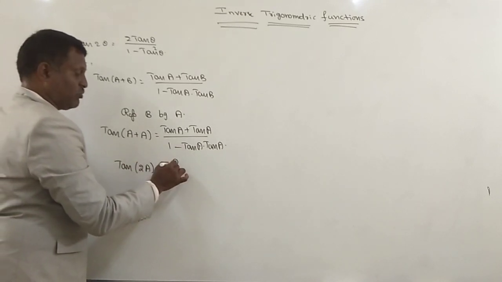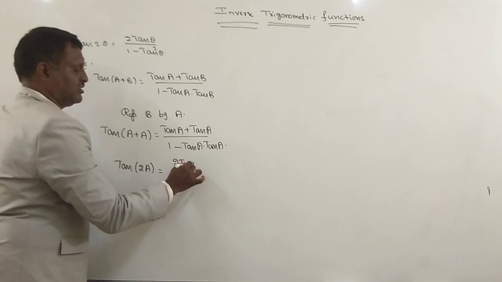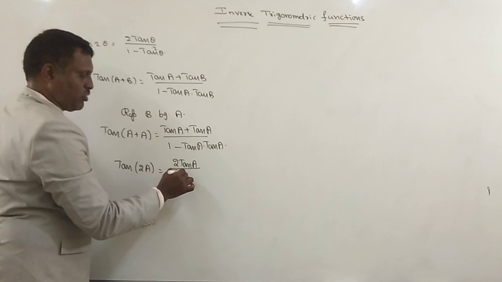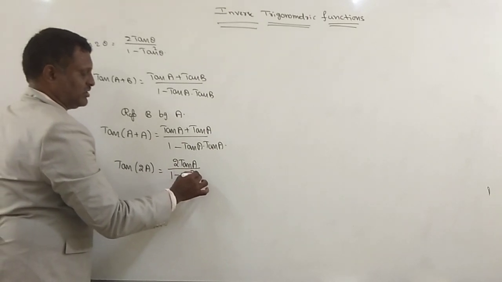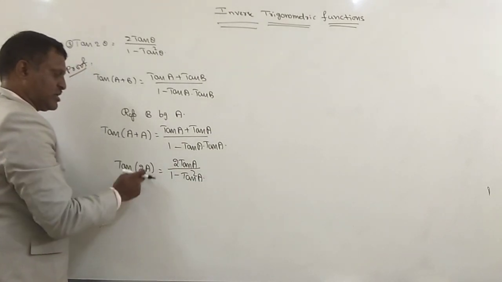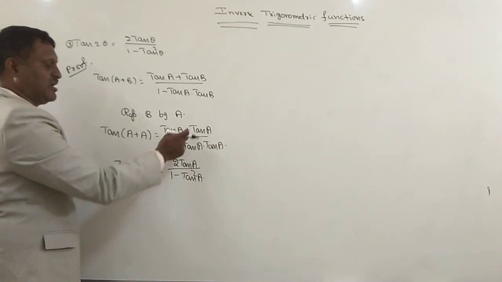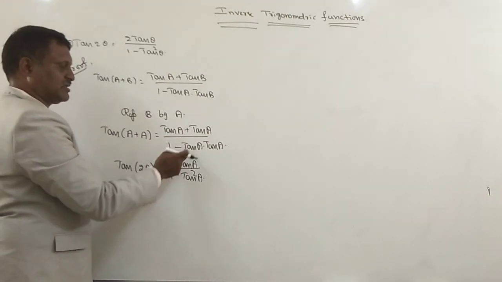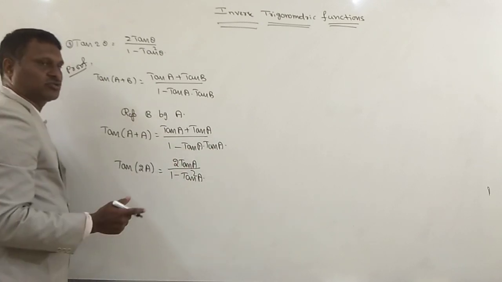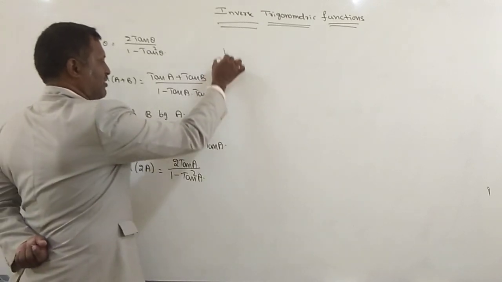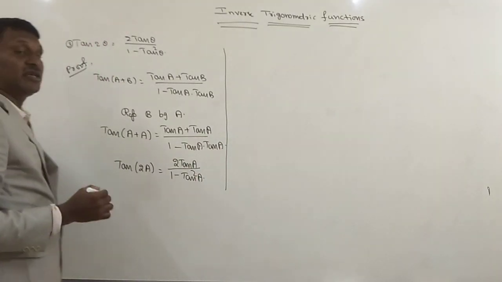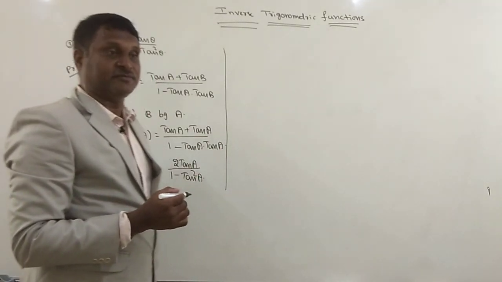Tan A plus tan A becomes 2 tan A, and the whole thing is divided by 1 minus tan A into tan A, which becomes tan square A. Now we have done sin 2A, cos 2A, tan 2A. Now sin 3A, cos 3A, tan 3A.